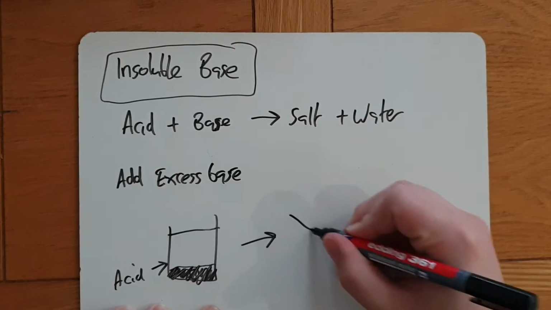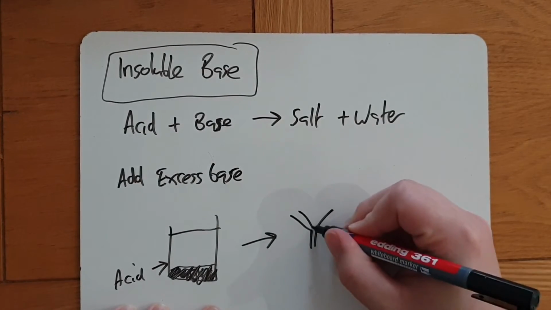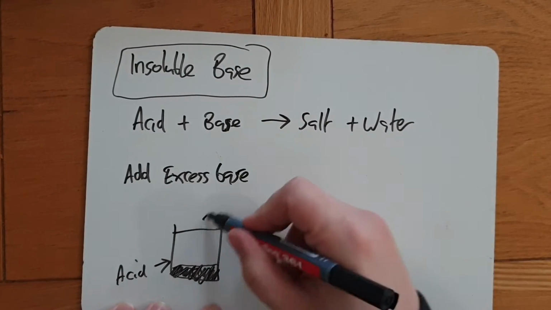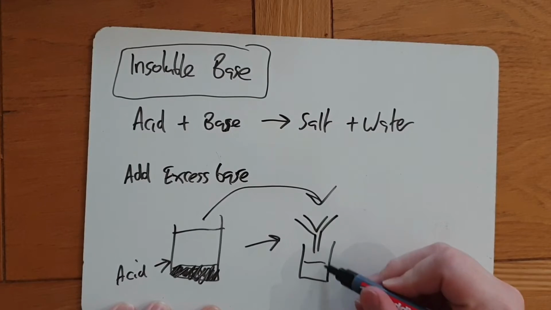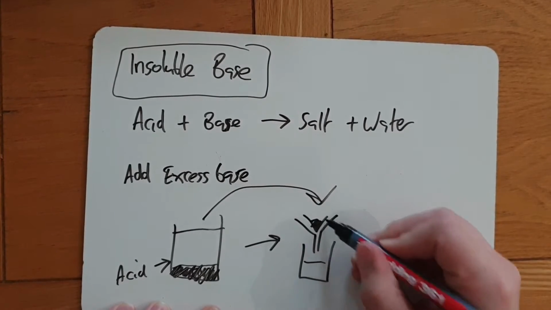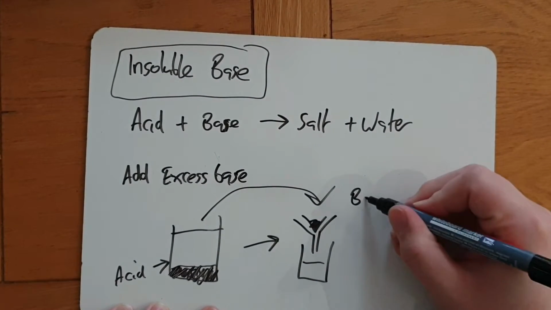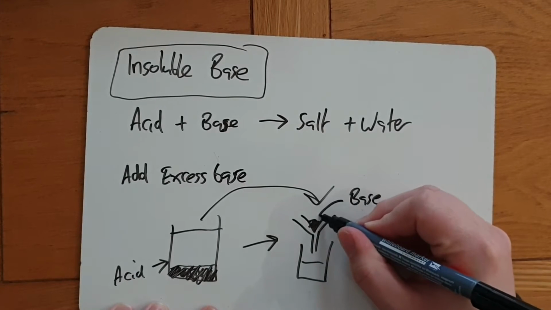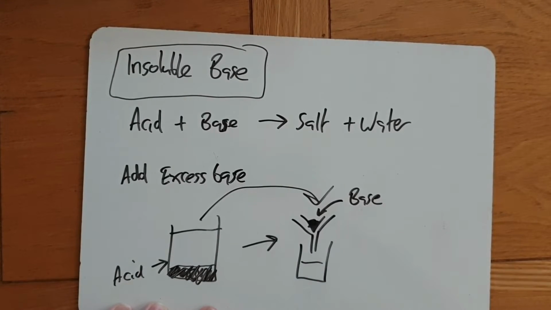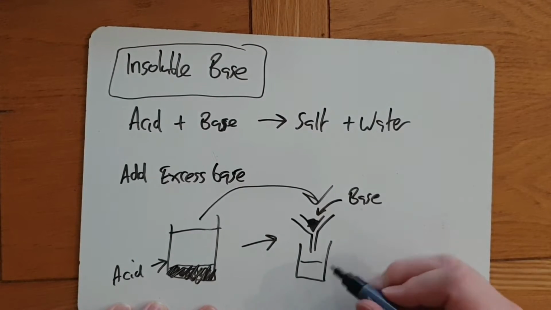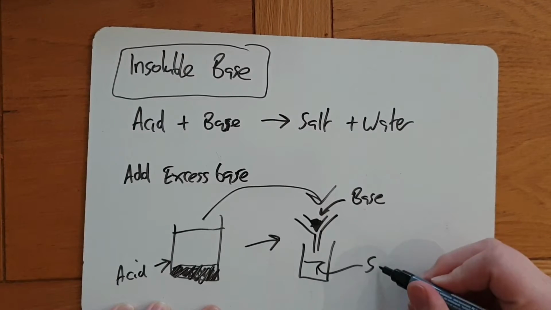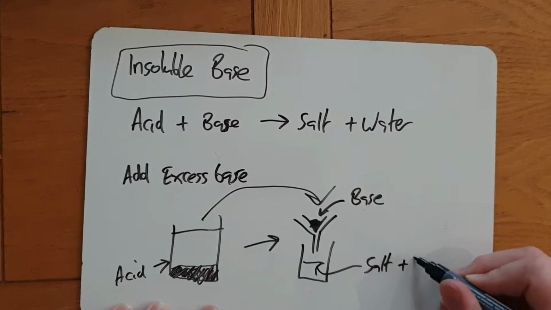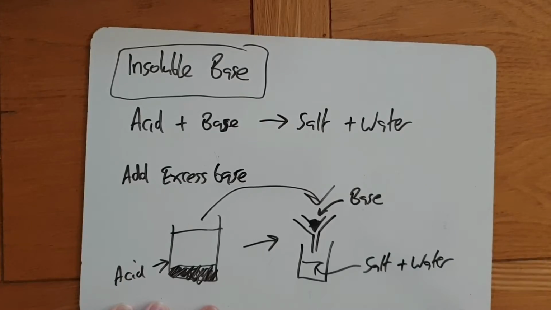You filter it. So you get your filter funnel with your filter paper, pour all that in there, and the excess base is kept as a solid caught by the filter paper, and then what drips down into the bottom here is just salt, which is dissolved, and water.